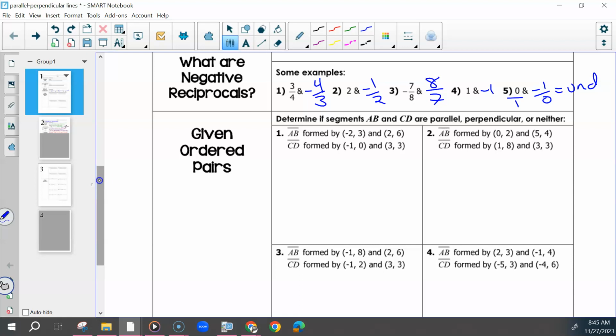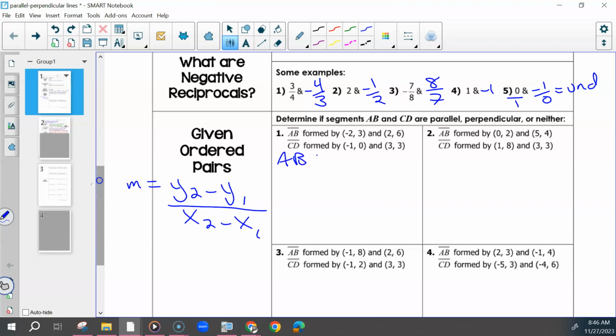We are given points, so we have to find the slope. I'm going to write off to the side what our slope formula is, just in case we've forgotten: y2 minus y1 over x2 minus x1. Then we're going to use that to find our slopes for the line segment AB and the line segment CD.